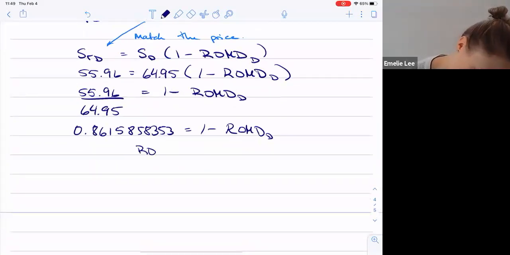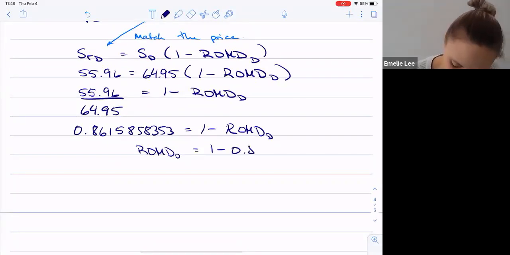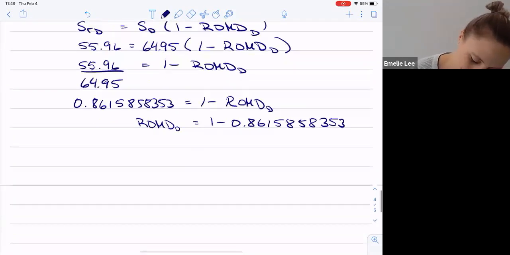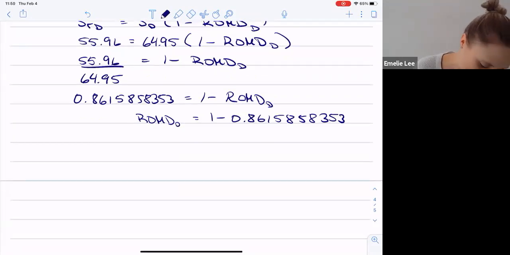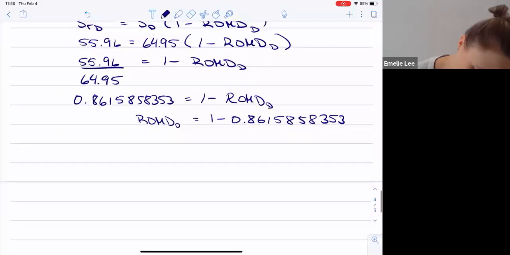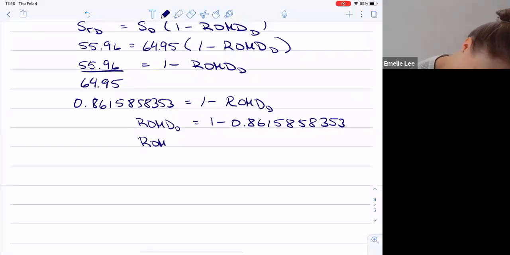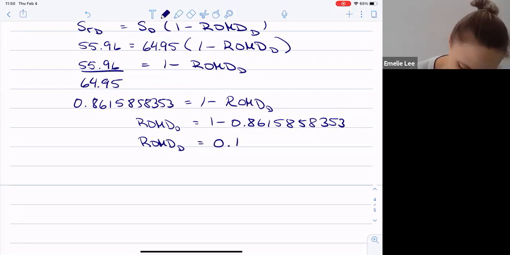So the rate of the markdown for merchant D is 1 minus 0.86158585353, which gives 0.13841414647.